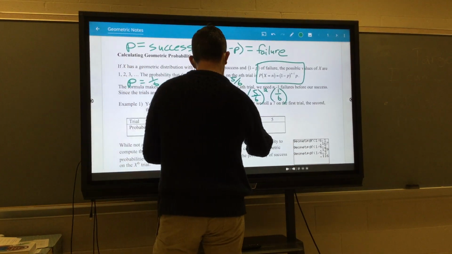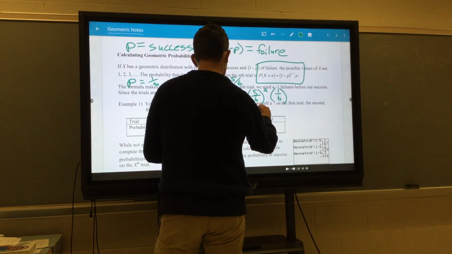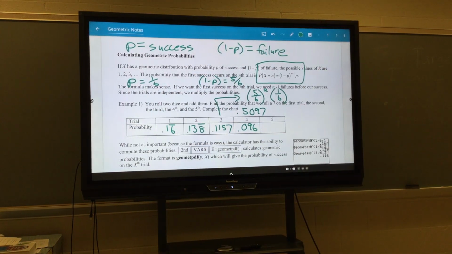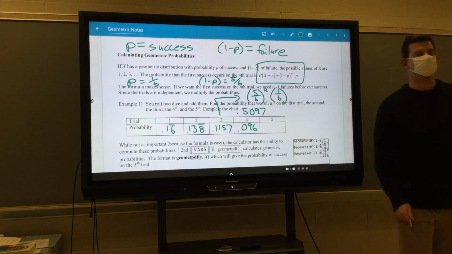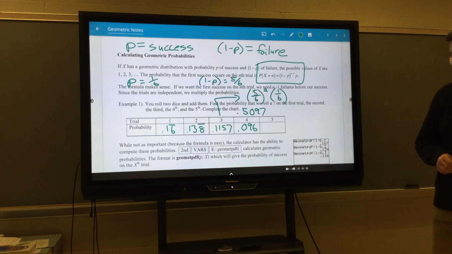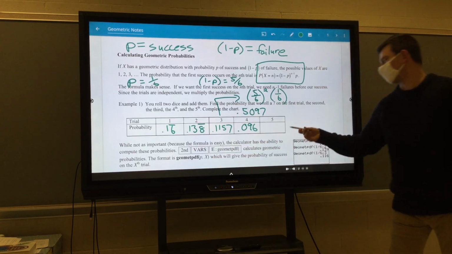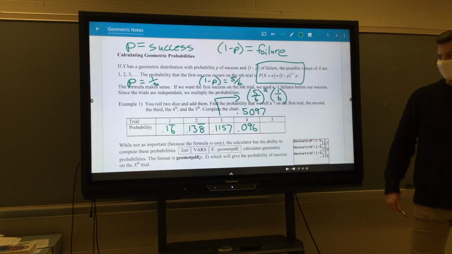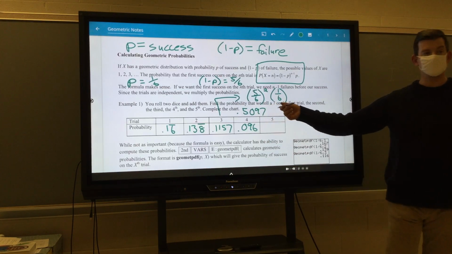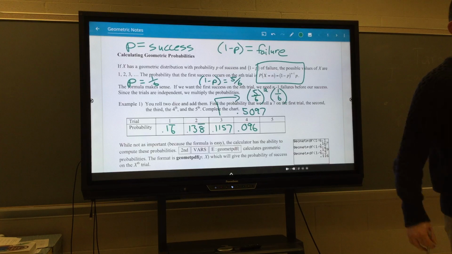Yeah, just by adding these, I'm at 0.5097. Pretty much that same 51% that I got by doing the geometric CDF, the cumulative probability there. And if we were to take this out for a further 5 rolls, this number would continue to go down, while that geometric CDF number would continue to go up a little bit.